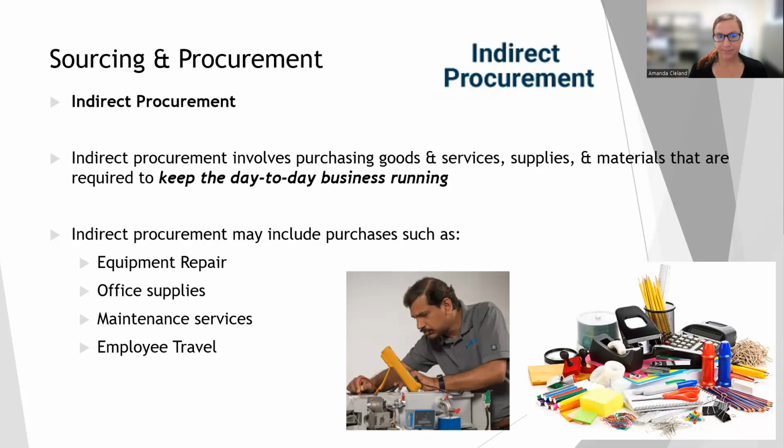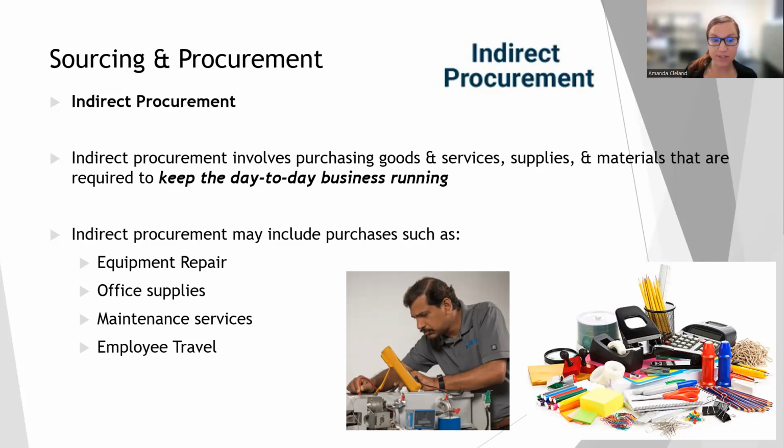Indirect procurement. So this is our other category of procurement. Indirect procurement involves purchasing goods, services, supplies, and materials that are required to keep the day-to-day business running. They aren't necessarily going to be in that end product that our consumers actually buy. So indirect procurement may involve purchases such as equipment repair, to repair things around the office or in our production facility.